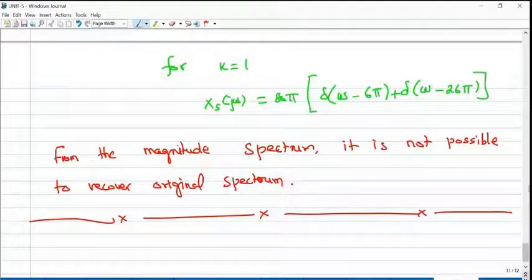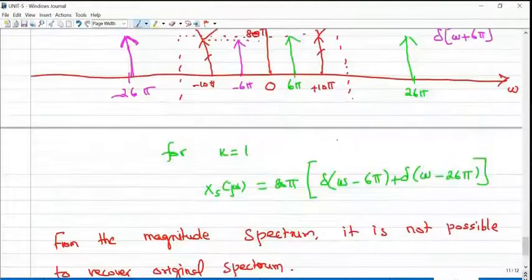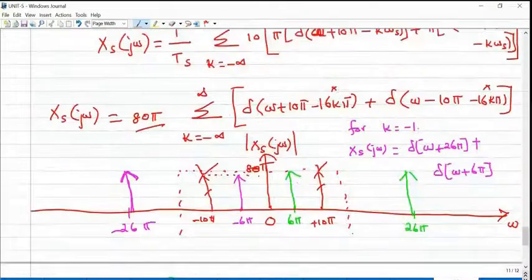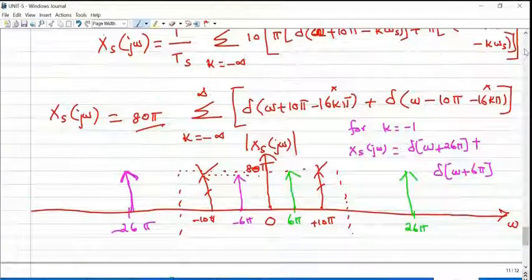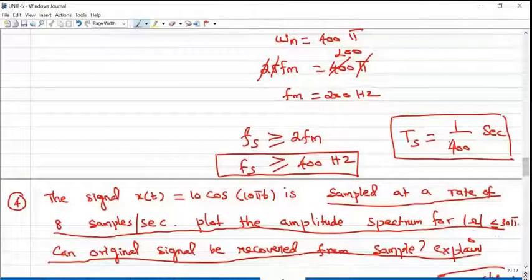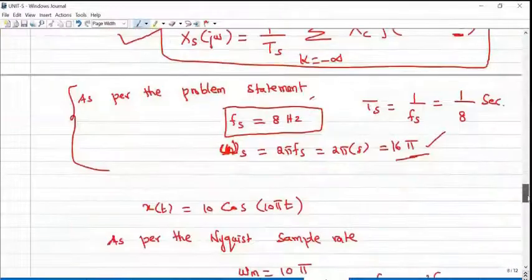It's very simple only. Once again, repeat this video lecture and listen carefully to how to draw the spectrum by substituting k equal to 0, 1, 2, -1. I have stopped at the magnitude spectrum for k equal to 0, 1, -1 only. Why not k equal to 2? In the problem given, draw the spectrum for modulus of omega less than or equal to 30 pi.